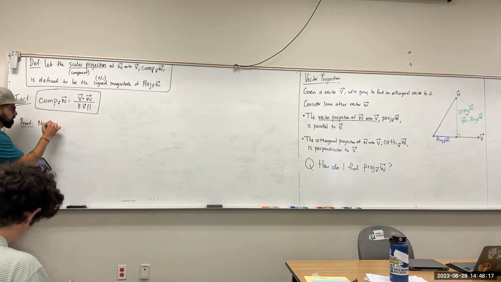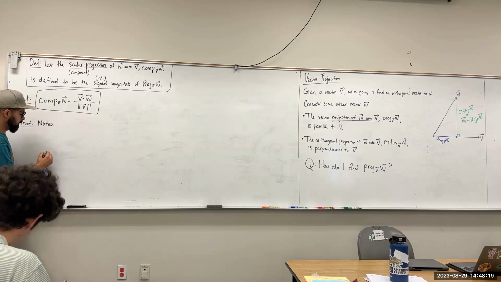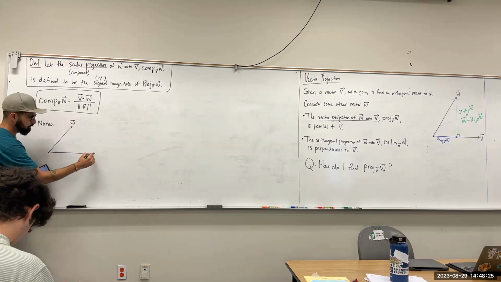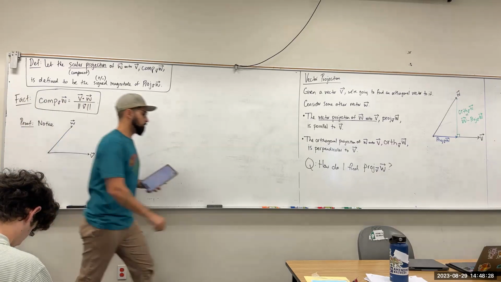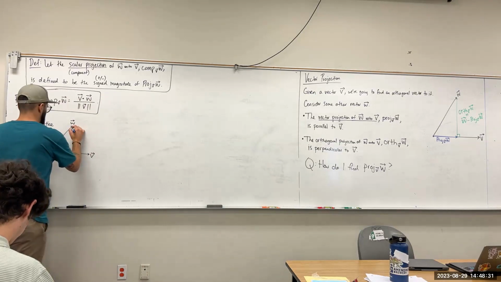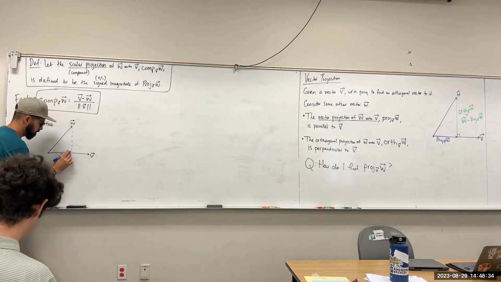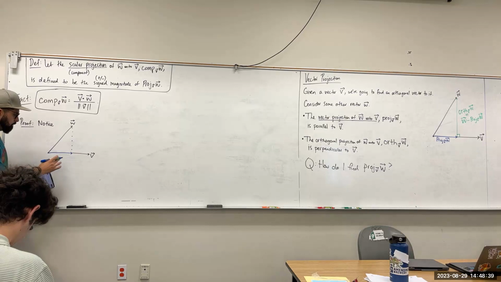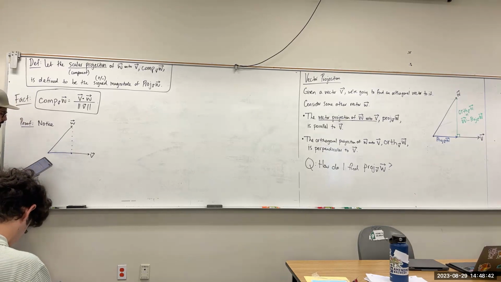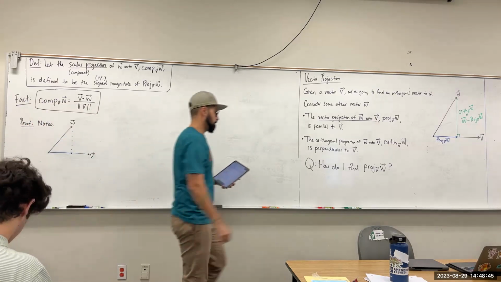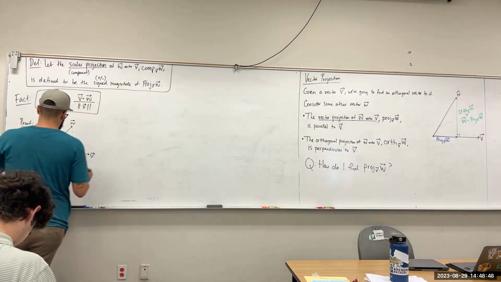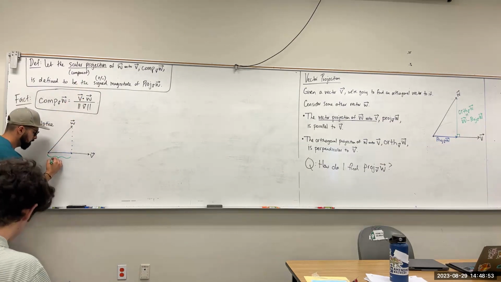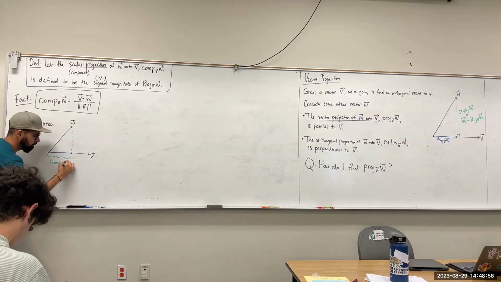Notice, if I draw those vectors again, W, V, and then here I have the projection. This distance here is what we're defining to be this guy.